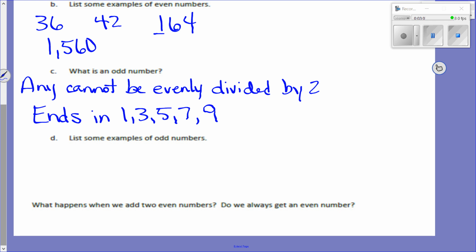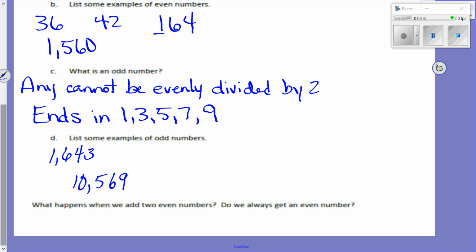So again, it doesn't matter what the number is. Give me some examples of odd numbers. Israel, give me an odd one. Good. Arthur? 2,569.